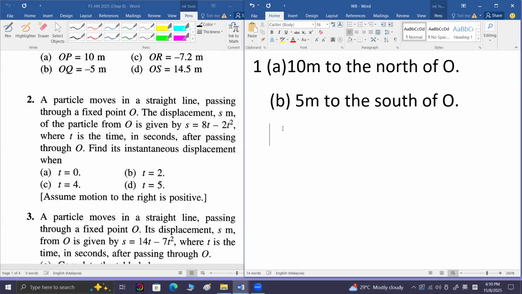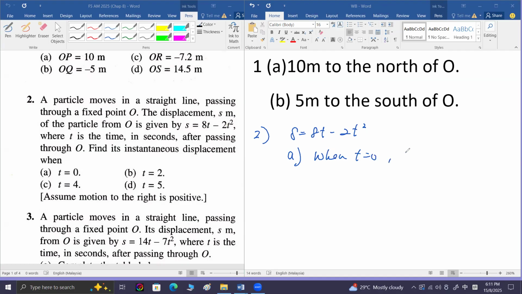Now, so if you are given S like this, it's quite easy. Assume that motion to the right is positive, see? So if motion to the left is negative, so meaning that, okay, when you see t = 0, you apply to 8t minus 2t squared. So S is 0, okay. I think you also already learned how to apply direct to a calculator for checking, right? All of you still remember? So S is 8t minus 2t squared, for example, A, when t is 0.